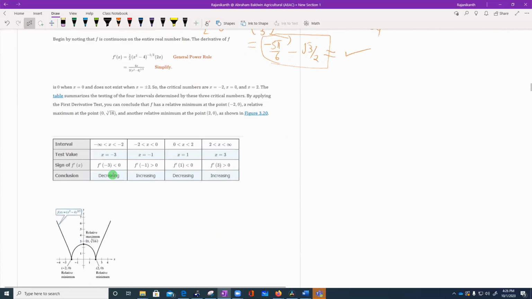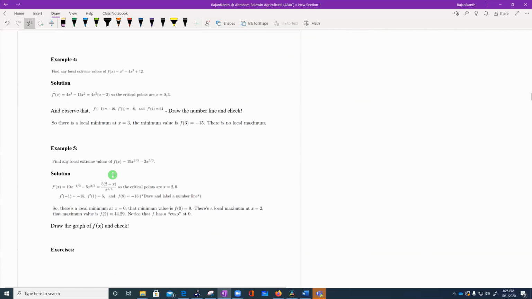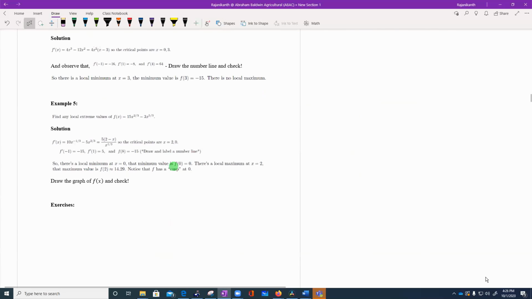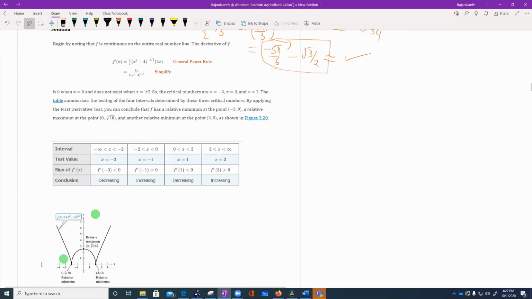You have plenty of problems here to check and make sure you understand all the steps. In this problem, you can use the graph utility, draw the picture, and check whether the answer is correct. This is the work I am leaving for you. Make sure that you graph this picture like this and check.